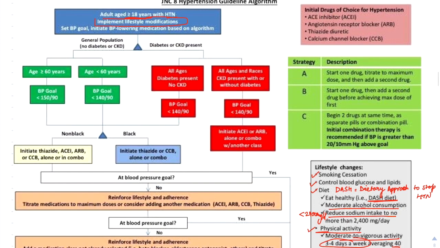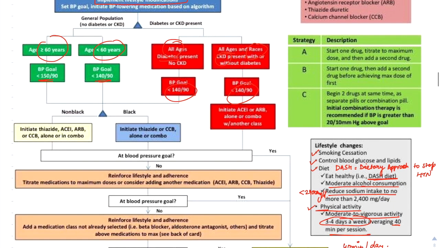Then we have to set a BP goal. For more than 60 years of age, the BP goal is less than 150/90, and for less than 60 years, it is less than 140/90. For all ages, if there is presence of diabetes, then it is 140/90, and for all ages with CKD, all races, black or non-black, it should be less than 140/90.